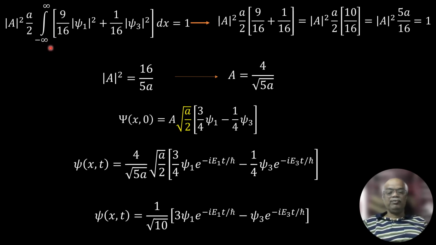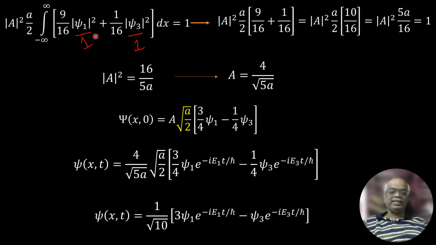Now we got this integration. If you integrate this modulus psi 1 square x with respect to dx, then you will get 1, integral between minus infinity to plus infinity. Similarly, modulus psi 3 square, if you integrate between minus infinity to plus infinity, modulus square of psi 3 is also equal to 1.